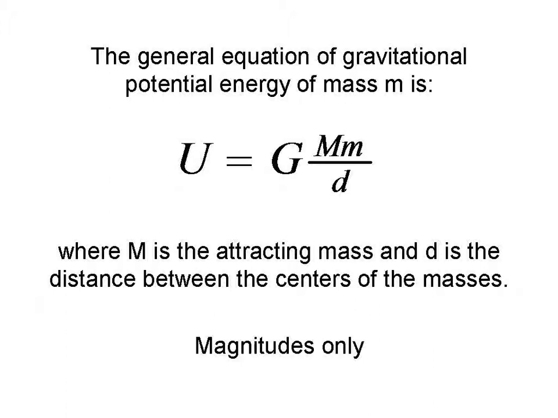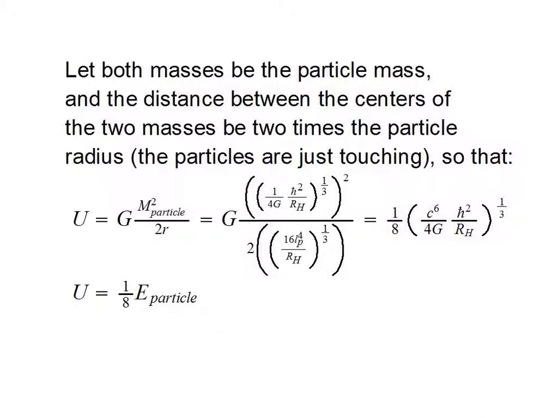And in this analysis, for simplicity, we're just going to work on magnitudes only. We're going to let both masses be the particle mass. So instead of big M times little m, we just have particle mass squared. And we're going to let the distance between the centers of the two masses be 2 times the particle radius. So the particles are just touching.